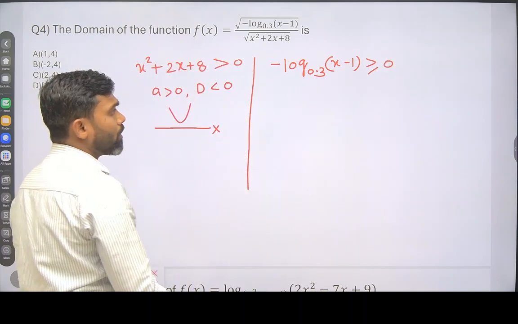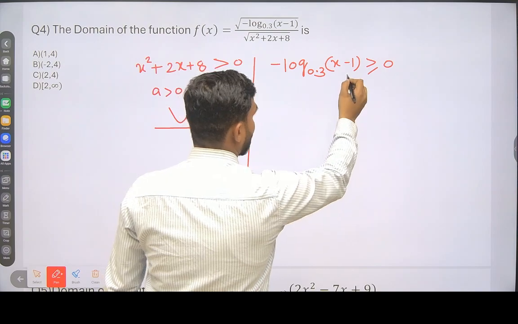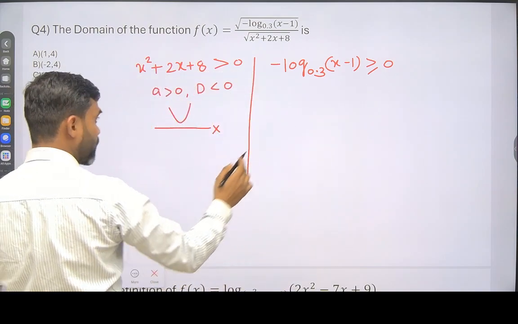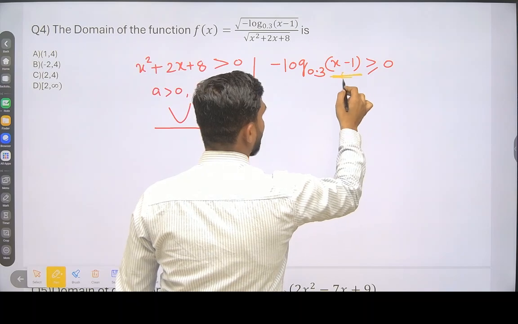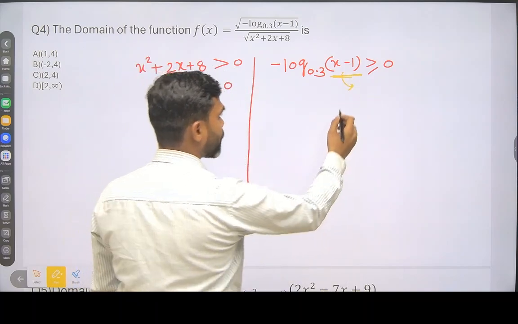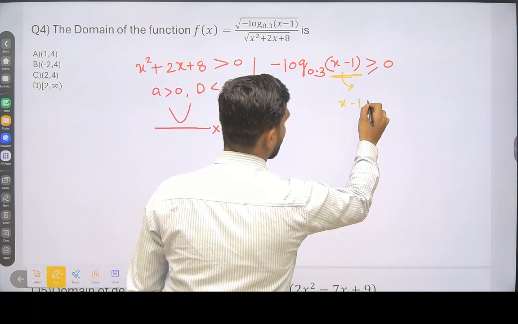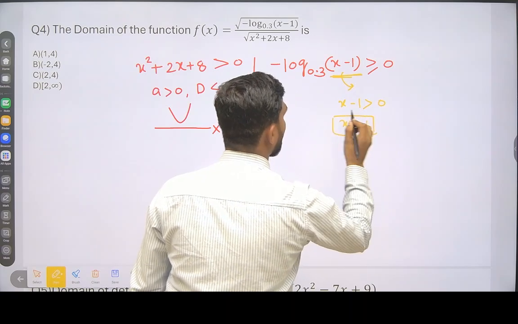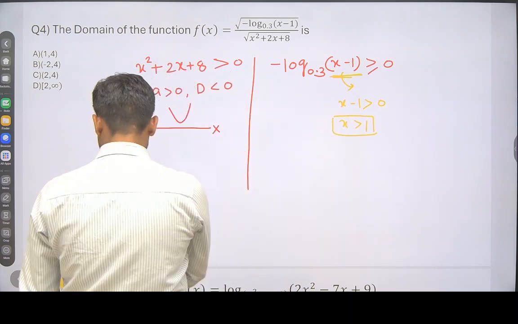Now see, first of all, whatever is inside the log should be positive. So x minus 1 is greater than 0, so x is greater than 1. This is the first condition. Now we have to solve the main inequality.